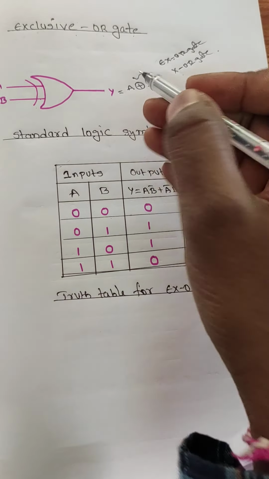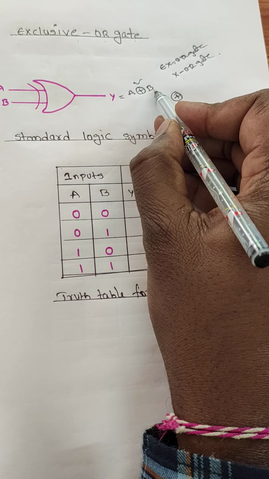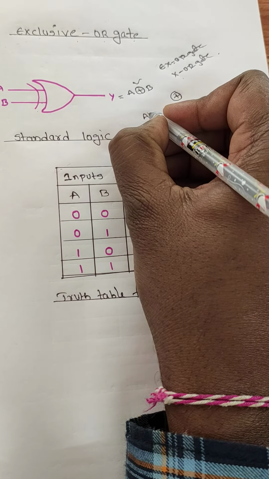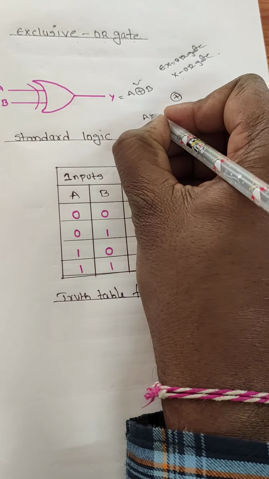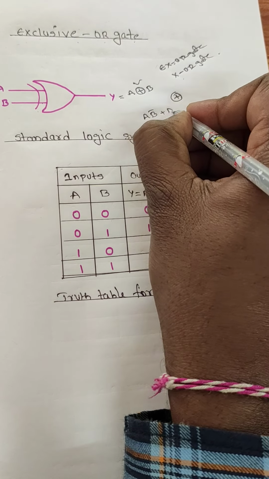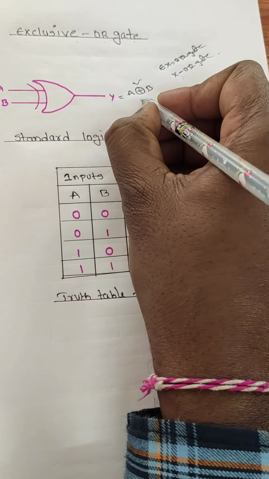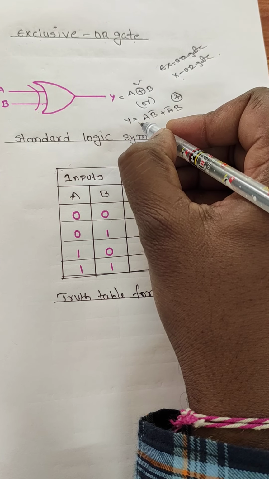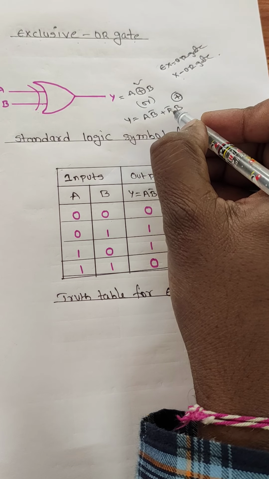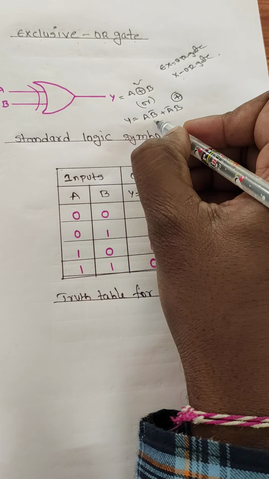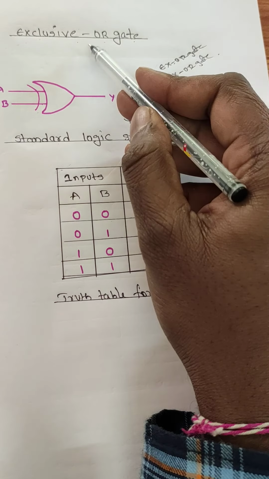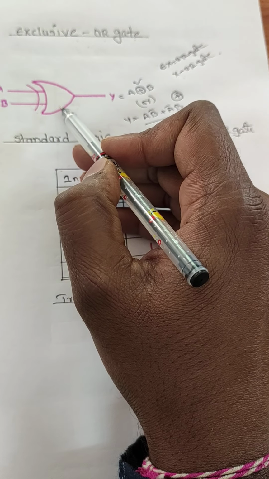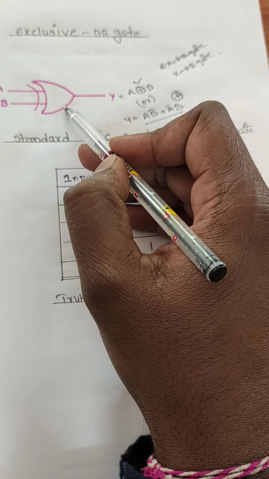This A XOR B can be written as A B bar plus A bar B, or you can write it as y equal to A B bar plus A bar B. This is the expression for the exclusive OR gate. This is how we draw the standard logic symbol for the XOR gate.